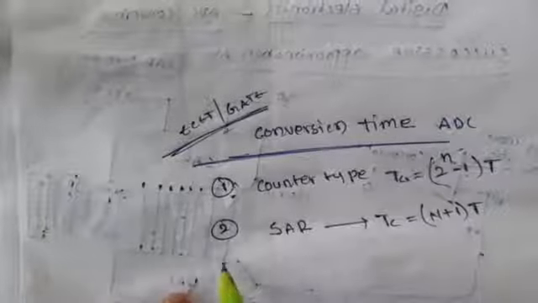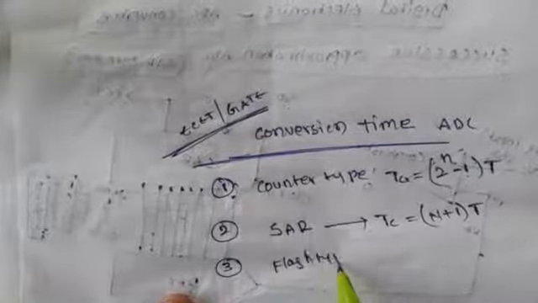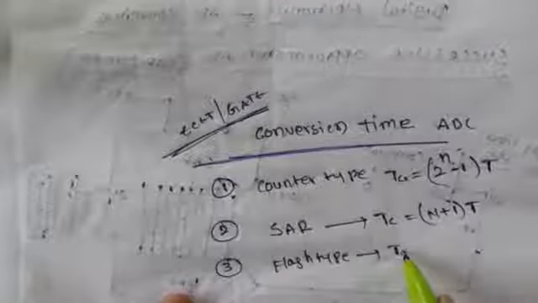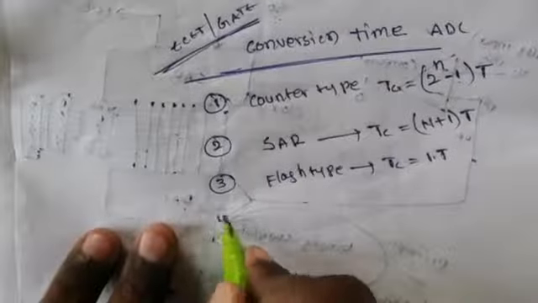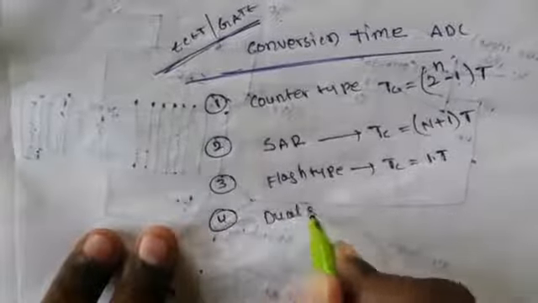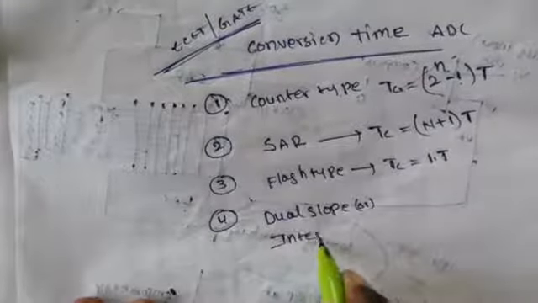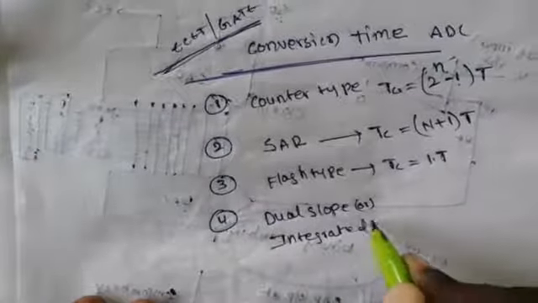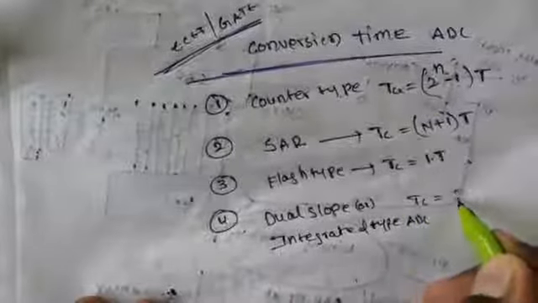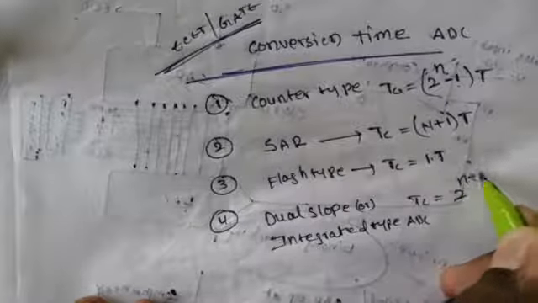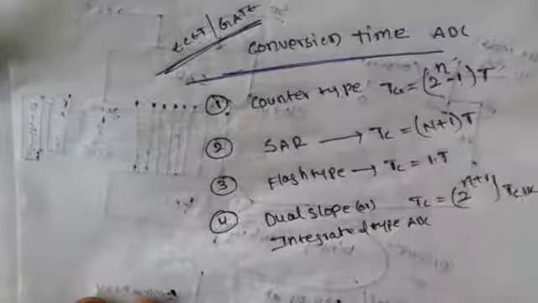And the third one, we will discuss flash type or parallel comparator type, where TC is equal to 1 into t clock. And the fourth one, we can discuss dual slope or integrated type ADC, whose conversion time is equal to 2 power n plus 1 into t clock.